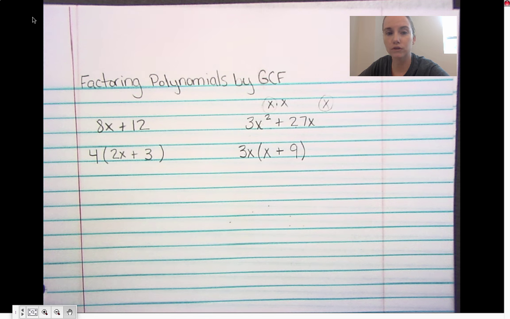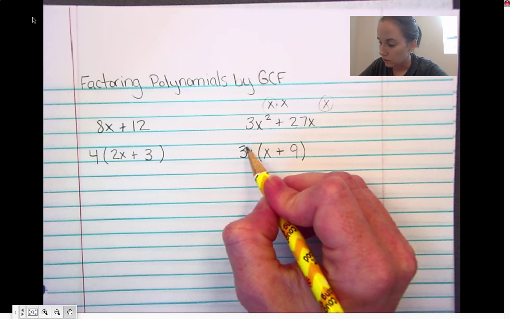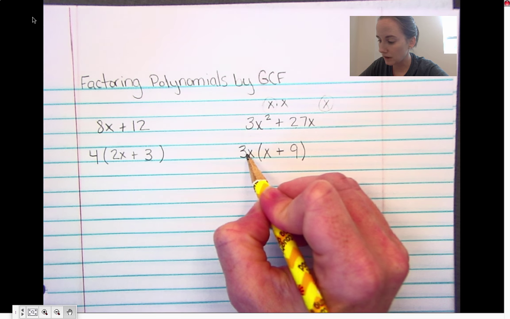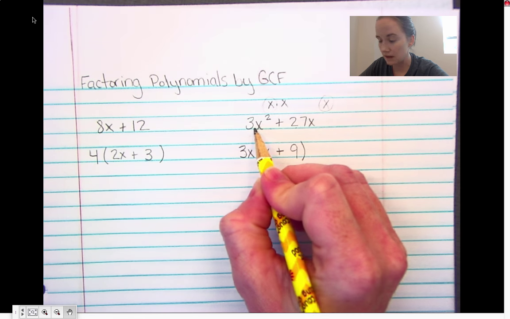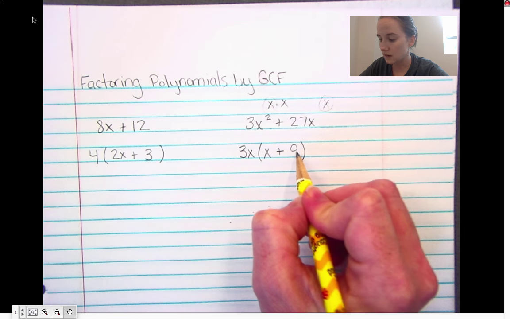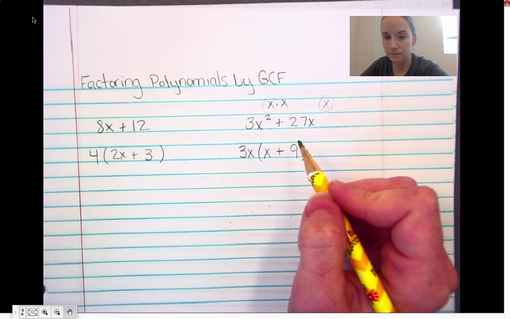Now I have factored with both numbers and variables. And again, to check your work, you can distribute back in. 3x times x would generate 3x squared, and 3x times 9 would give me 27x.